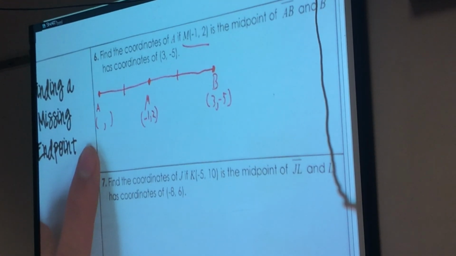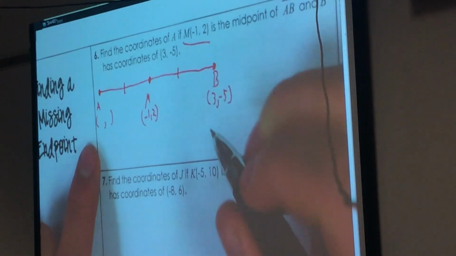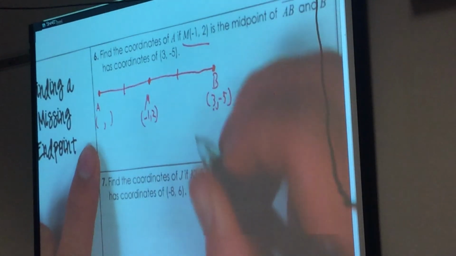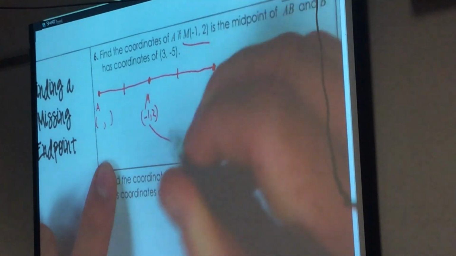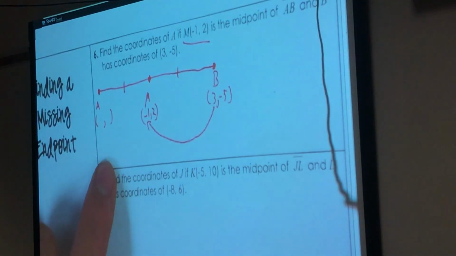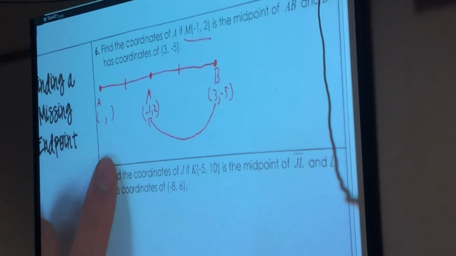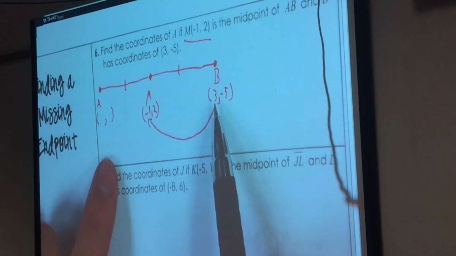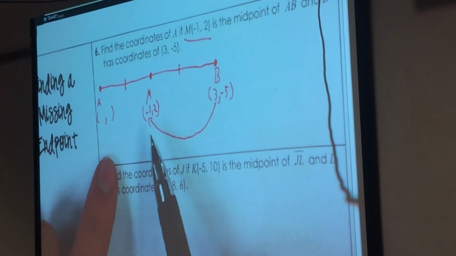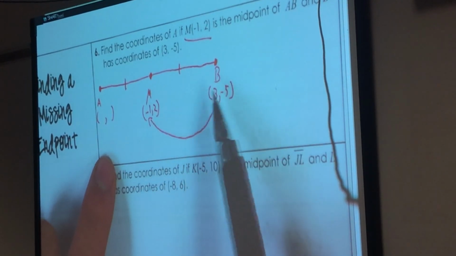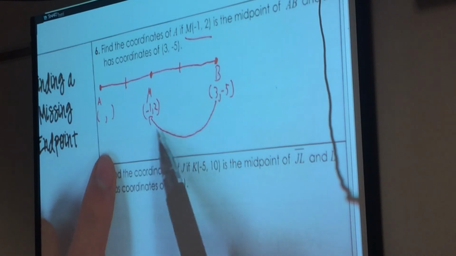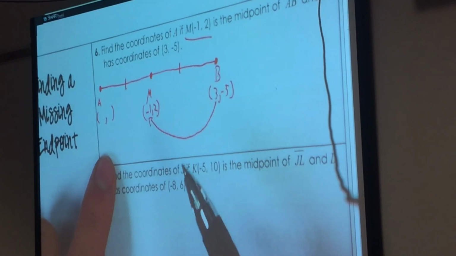So the first thing I do is look at my x. My x on B is 3, right? So I'm going to go to my x for my M. You always stay with the same letter, or the same coordinate. From 3 to negative 1, does that go up or down? Down. How far do I have to go down to get to negative 1 from 3?